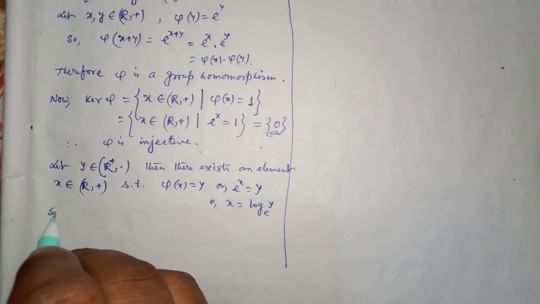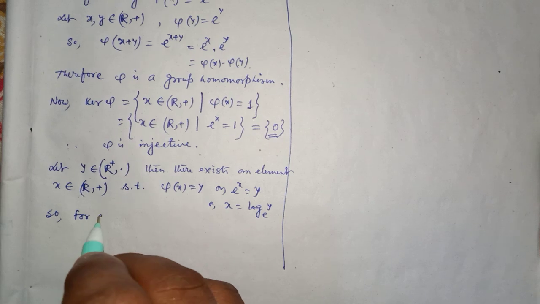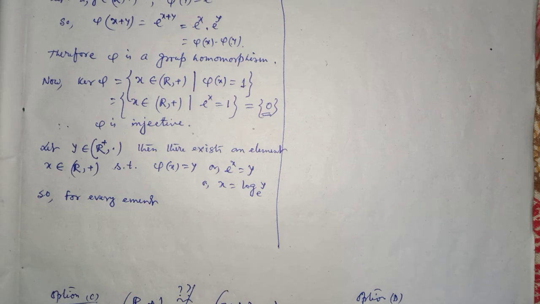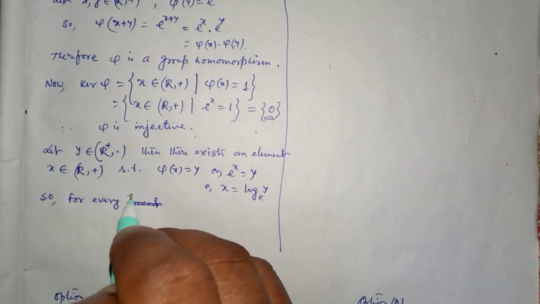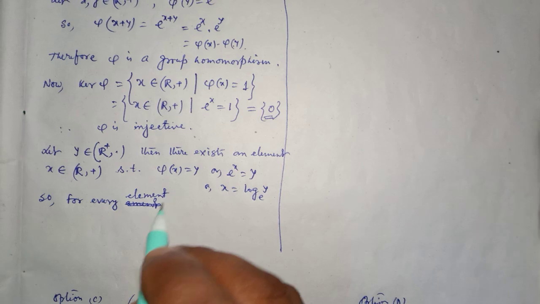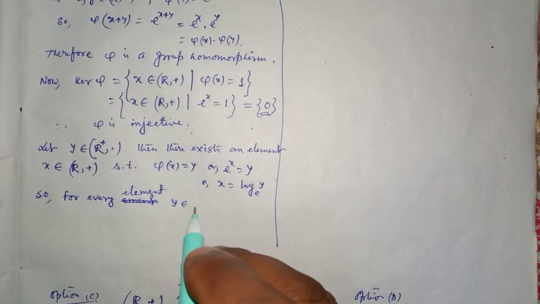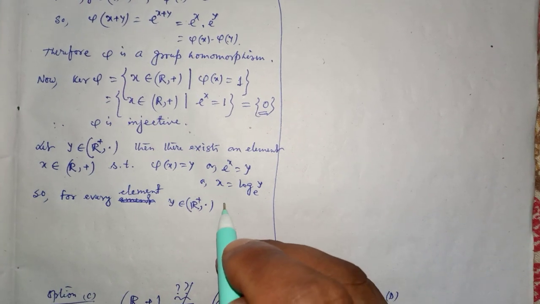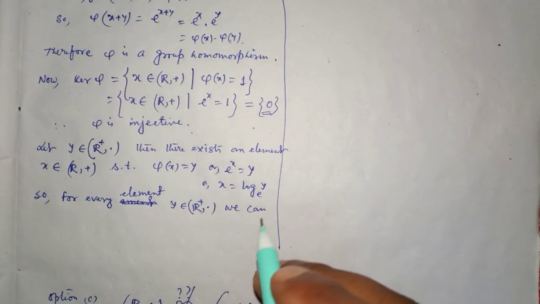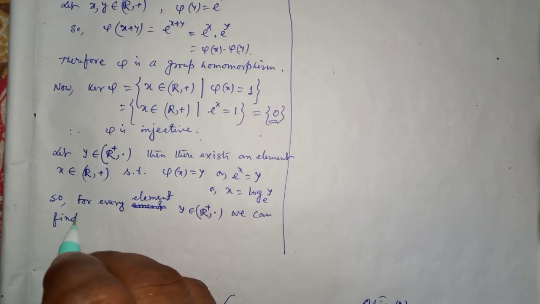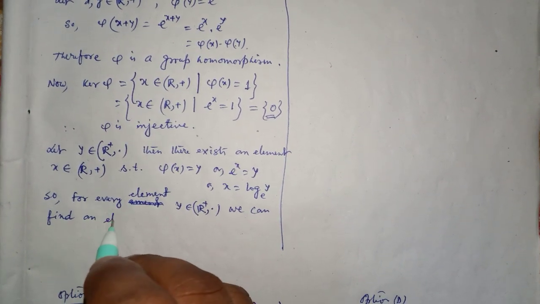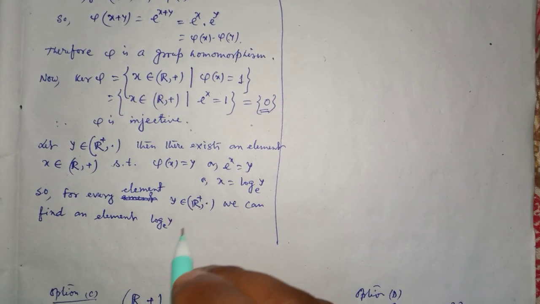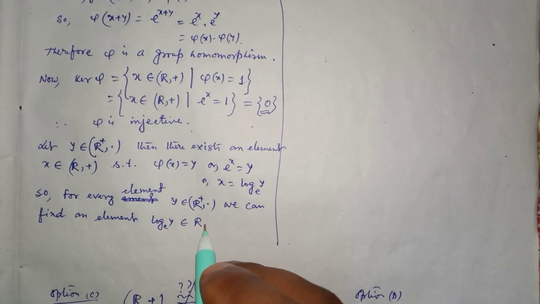So for every element y belonging to R plus dot, we can find an element log y belonging to R plus.